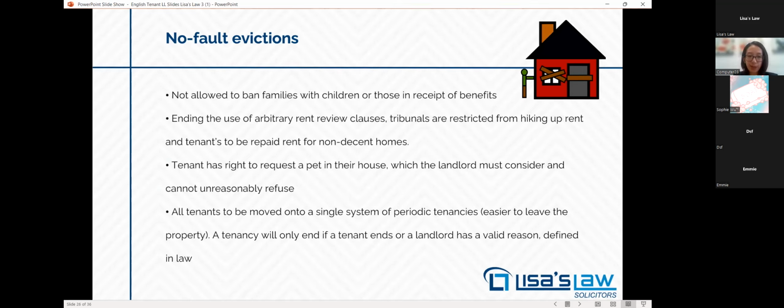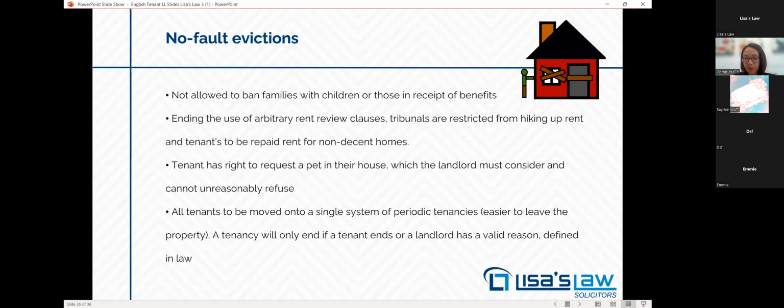The next one would be all tenants to move into a single system of periodic tenancy. This has its good or bad, because all tenants will be under periodic tenancy rather than a fixed term. In that sense, tenants can move out of property easier without having issue.